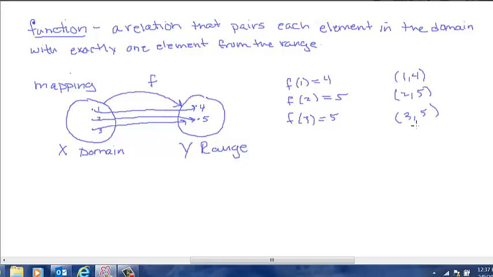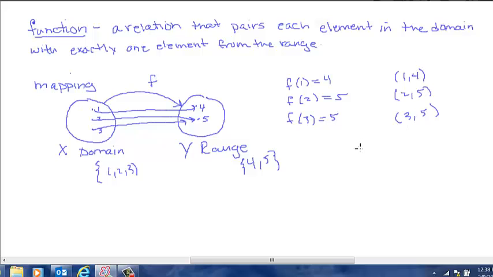So again, there's this set of ordered pairs. Again, you can see the domain is 1, 2, and 3. That is also evident by looking at the x coordinates of those ordered pairs. And the range is 4 and 5. And again, that is evident by looking at the set of ordered pairs.